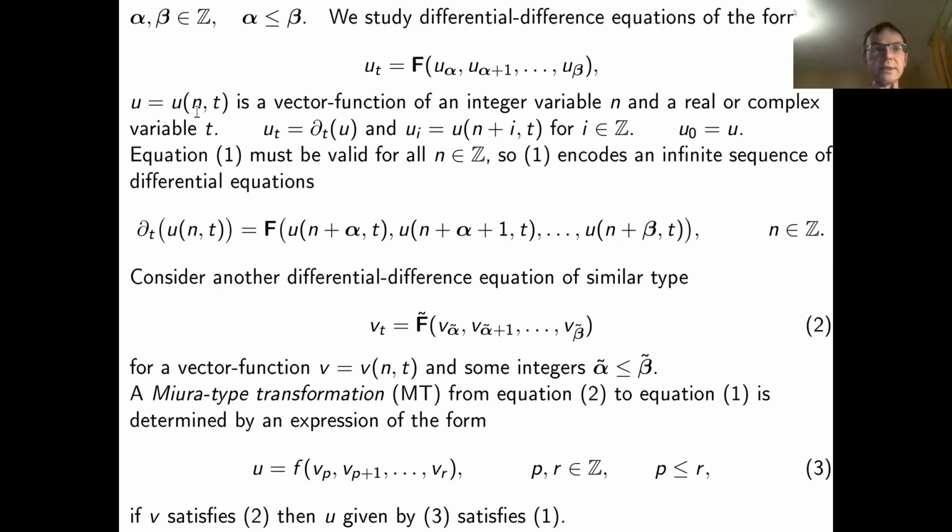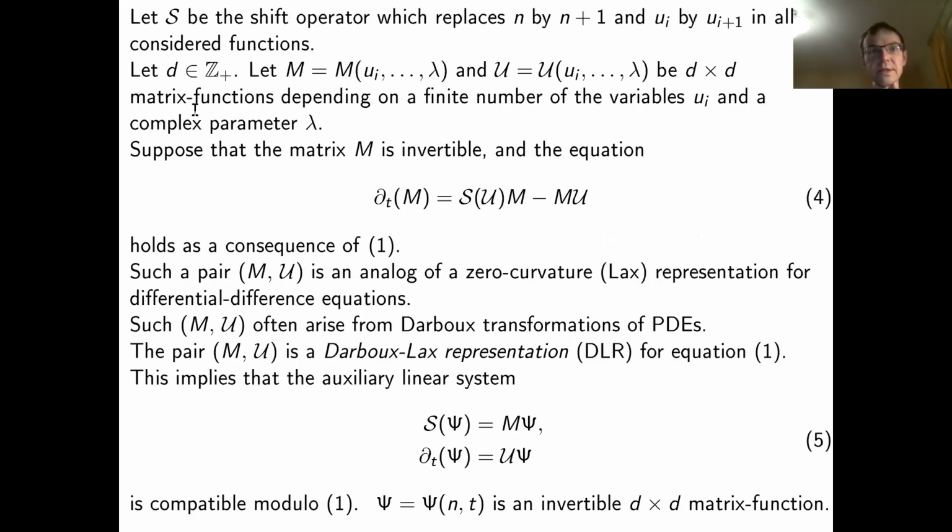So the continuous variable x is replaced by the integer variable n. And because of this, the total derivative operator D_x is replaced by the so-called shift operator S, which does the following. It replaces n by n plus 1 and u_i by u_{i+1} in all considered functions.